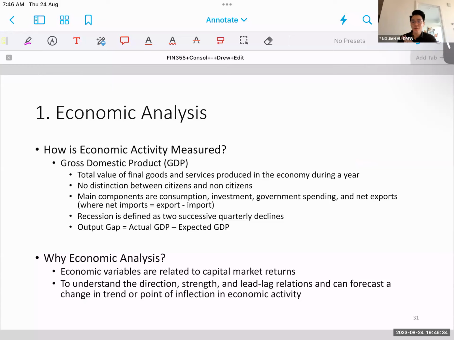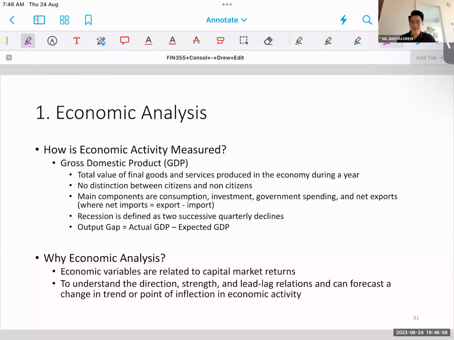Hopefully this will remind you of your Economics 101 course, that now you're putting that knowledge in. So we'll look first at the GDP, the gross domestic product. Of course, your economics professor will tell you a long list of reasons why you shouldn't look at GDP because it's not accurate.